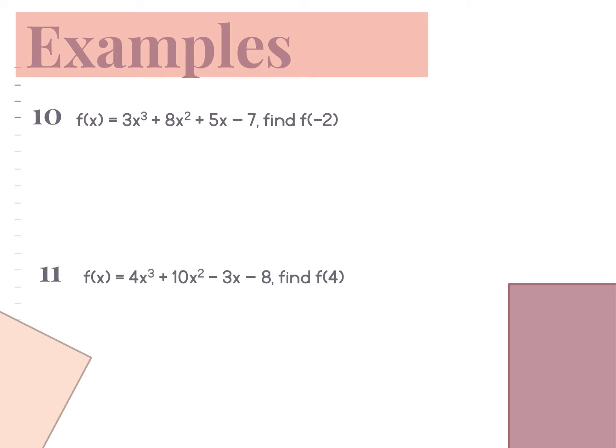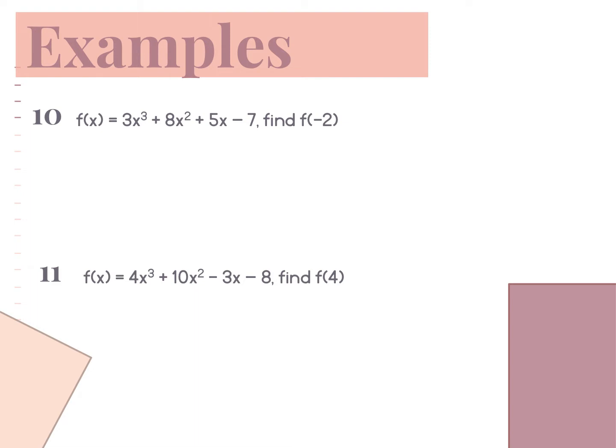Now, whenever they give you a polynomial and then they say find f of a number, then we're going to be doing synthetic division with that number that's in the parentheses. Before, they were giving it to you as x minus 2 or x plus 2, and then it was the opposite.